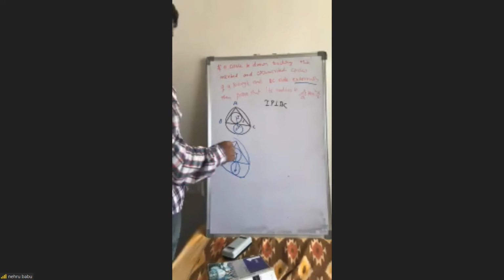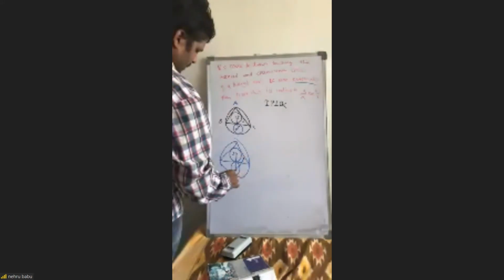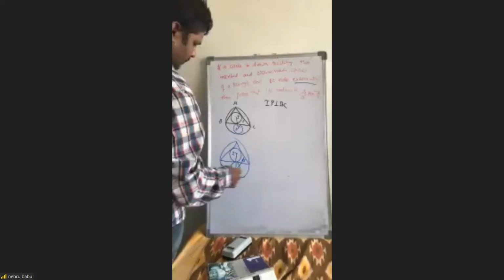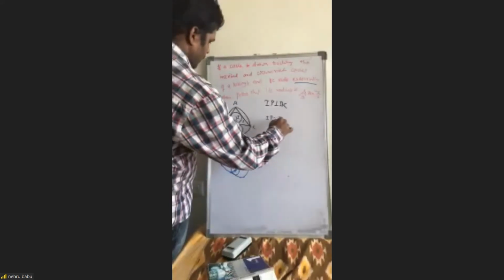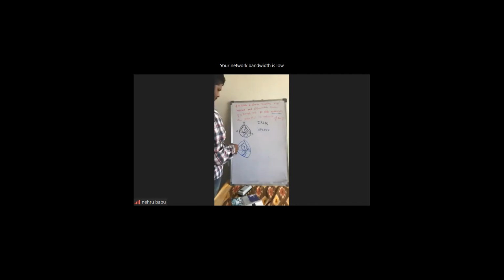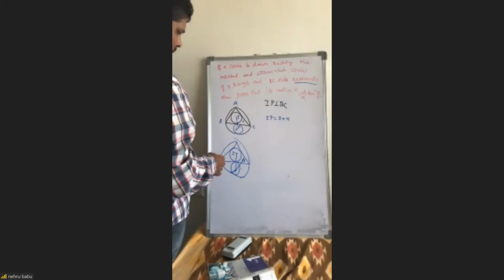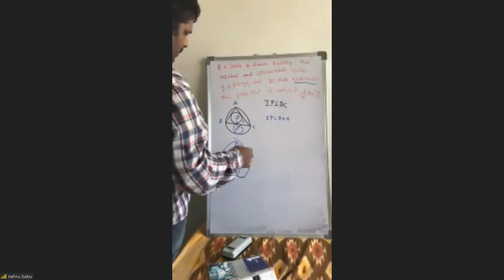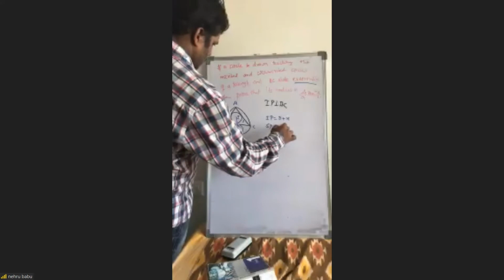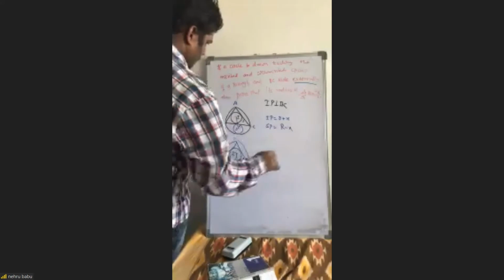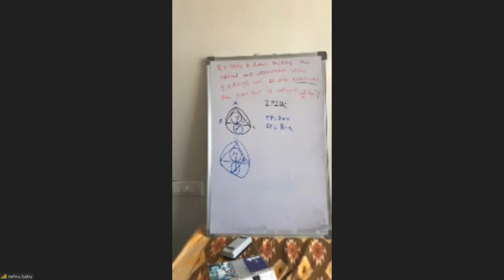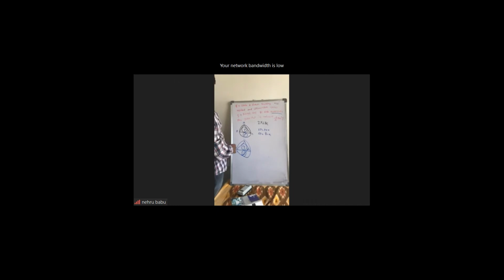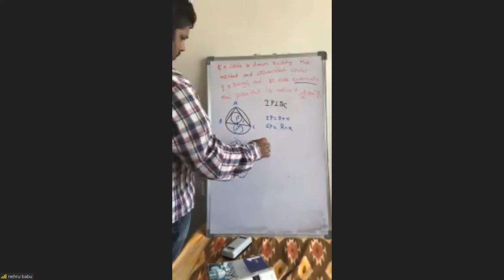Yeah, but we know what we want to do. Sir, the AIP line should be a straight line only, no?